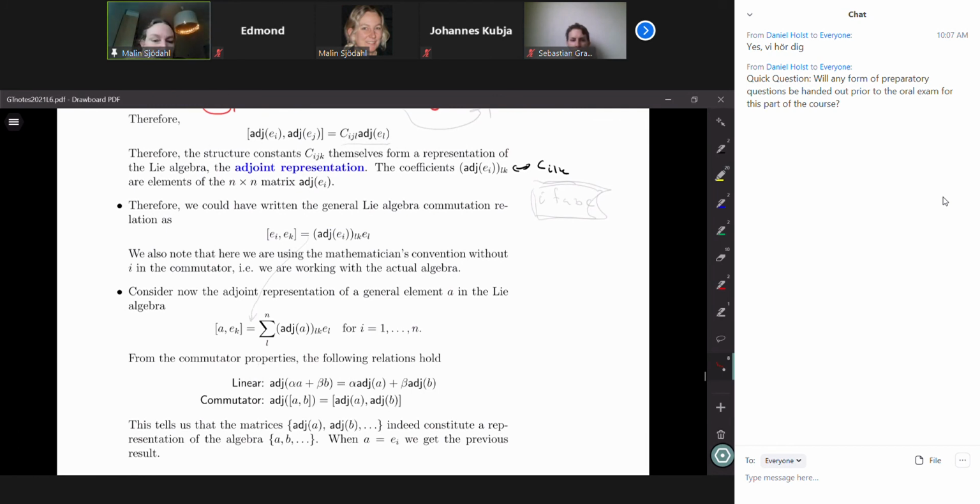Yes, it very much looked like it. So the sum here is over the repeated index L, and there isn't even an I in there. So this seems like a typo.